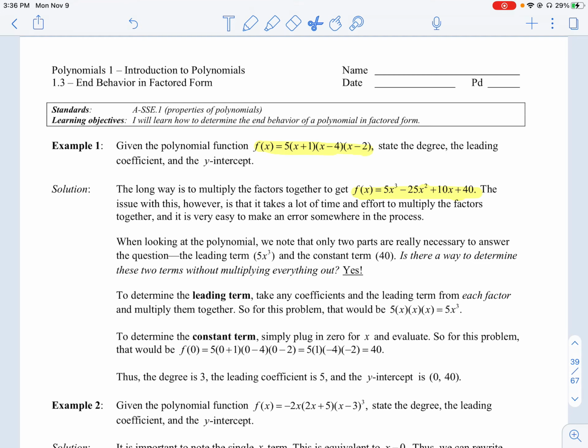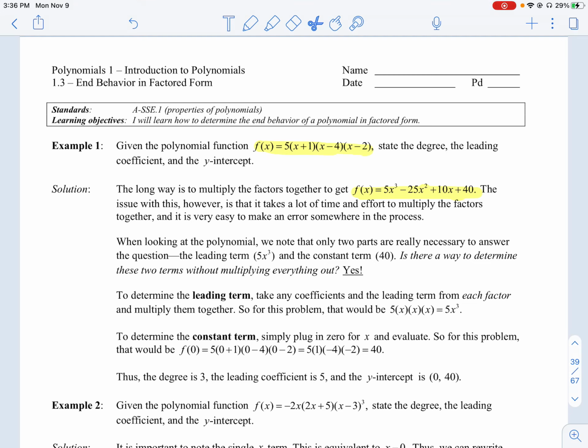What if it's in factored form? For example, example number 1, given the polynomial function f of x equals 5 times x plus 1, x minus 4, x minus 2, the long way to get the degree and the leading coefficient is to multiply all the factors together.